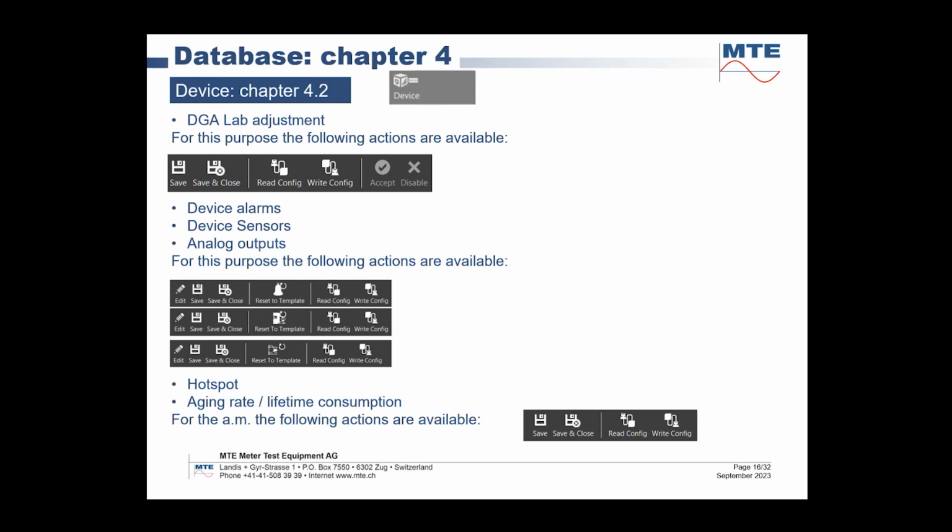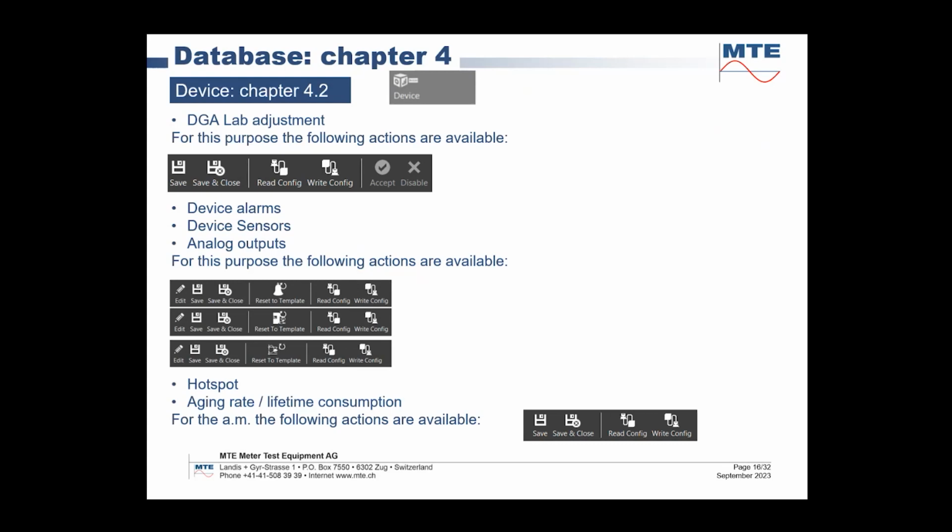That's the place where you also define all the alarms. You make the settings for the additional external sensors, settings for analog outputs, and settings for the hotspot and aging rate lifetime calculation.